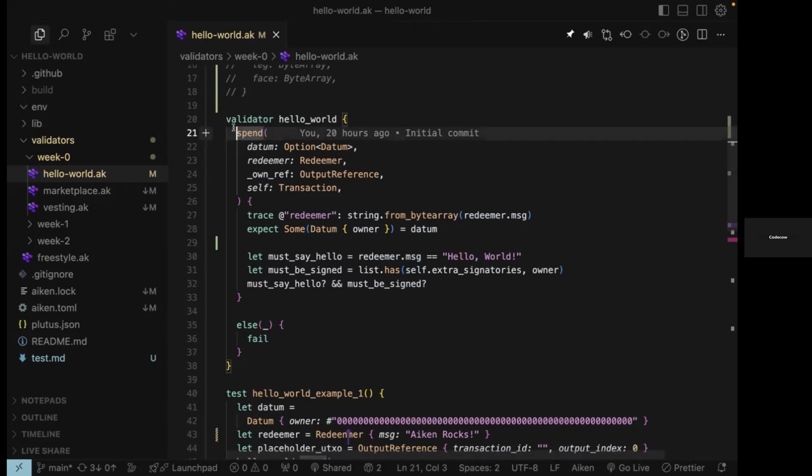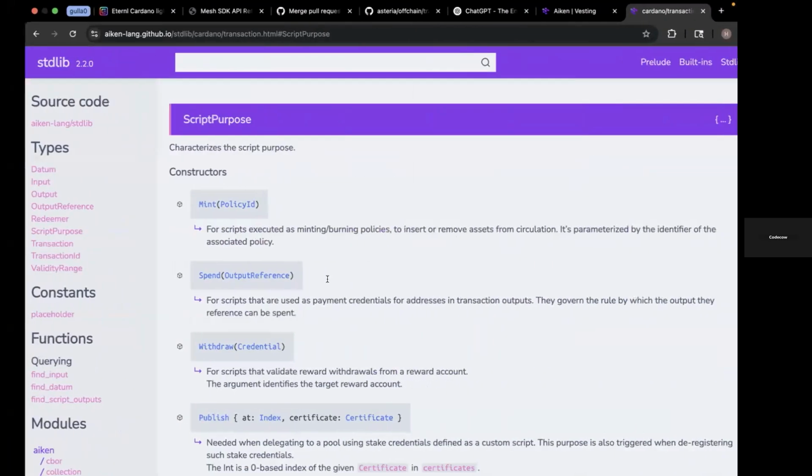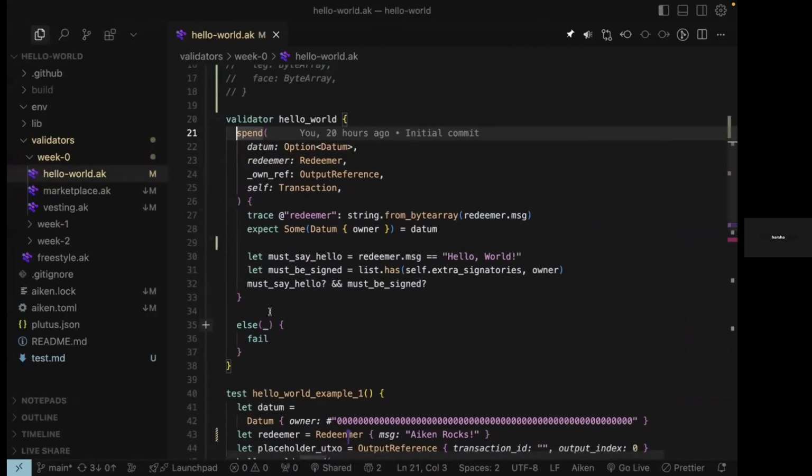Purpose is just the spend, mint, or whatever these are that we saw. If it doesn't do this, whatever the purpose is, then it fails. That's our boolean, because the validator is ultimately a boolean. Hello world is either going to be true or it's going to be false.